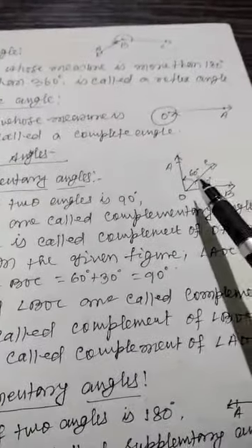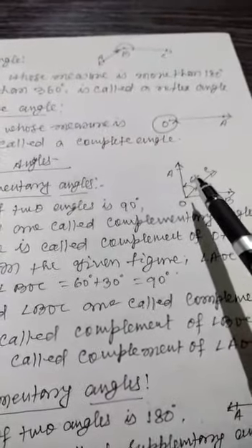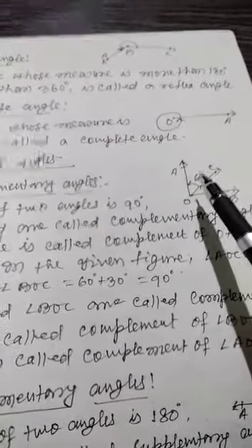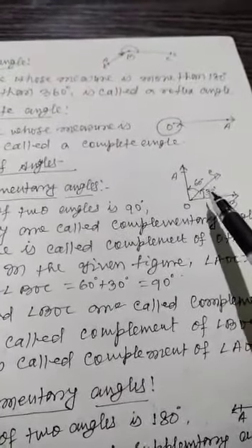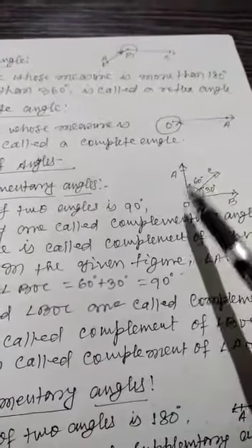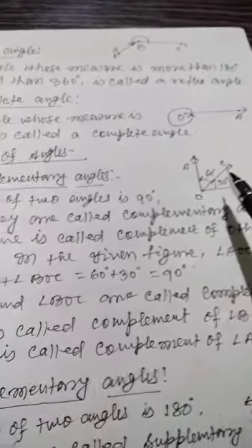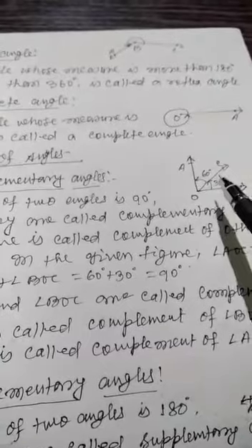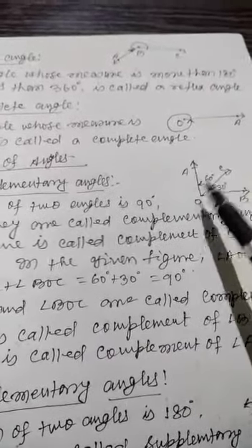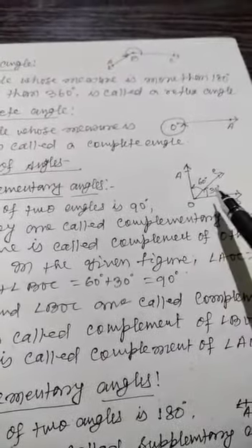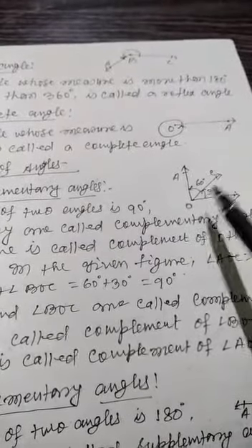So the sum of two angles is 90 degree. So these are complementary angles. Angle AOC is the complement of angle BOC, as well as angle BOC is the complement of angle AOC.